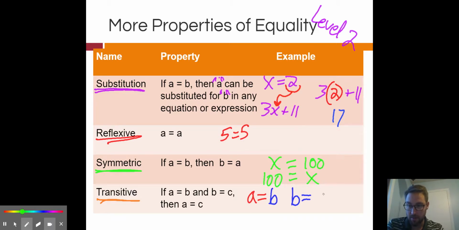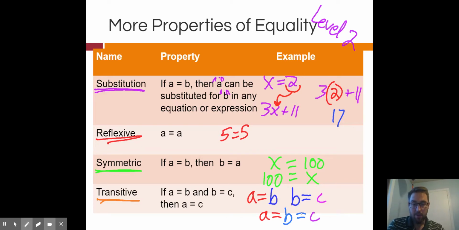Nope, because there's green right above it, right there. If I have A equals B and B equals C, well, then I can smush them all together. A equals B, which equals C.